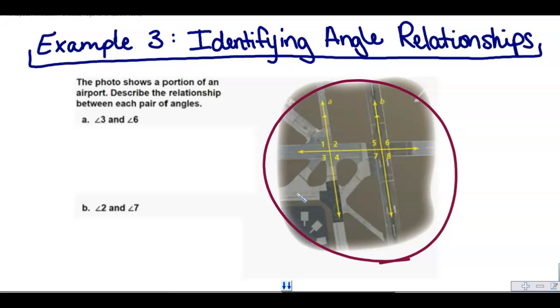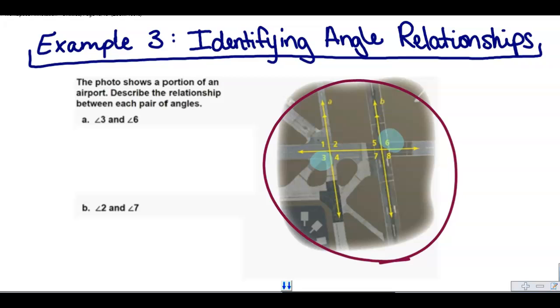The first group of angles we're going to look at is angle 3 versus angle 6. So taking a look at those two angles, angle 3 is over here, angle 6 is over here. How are those related to each other?